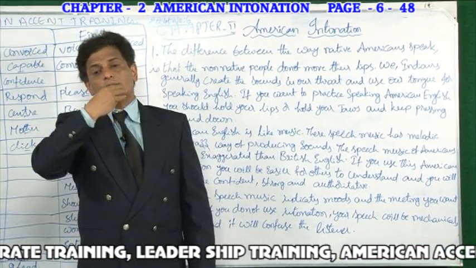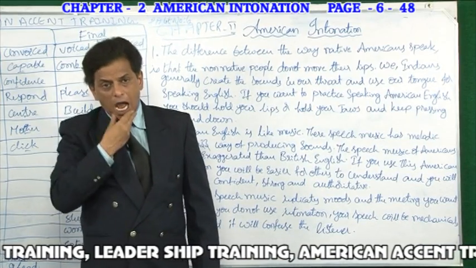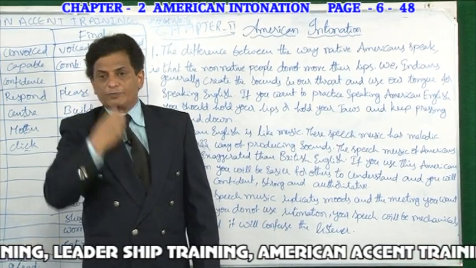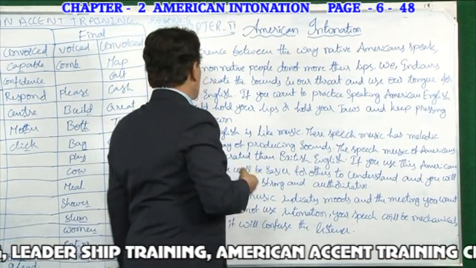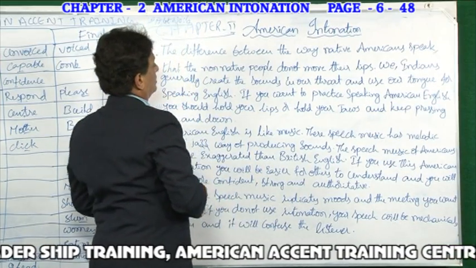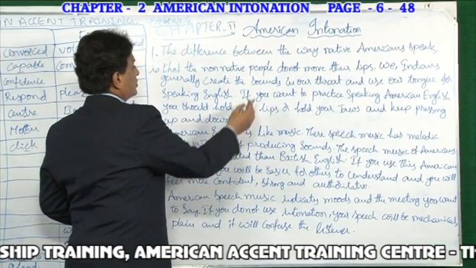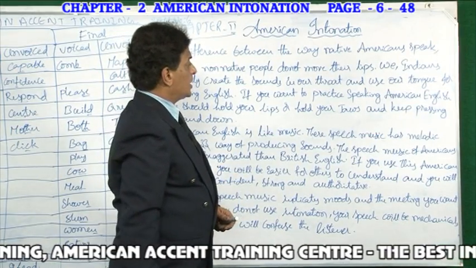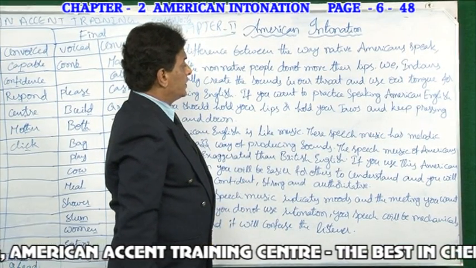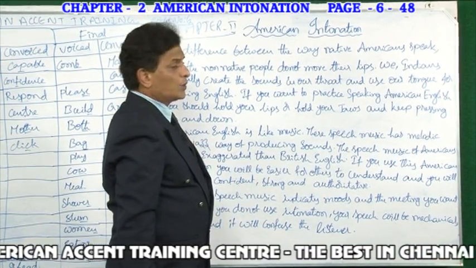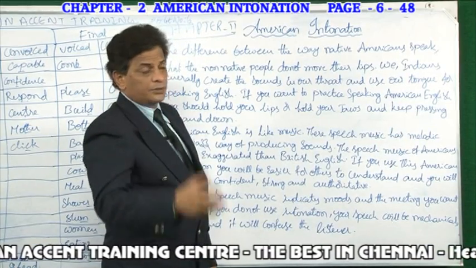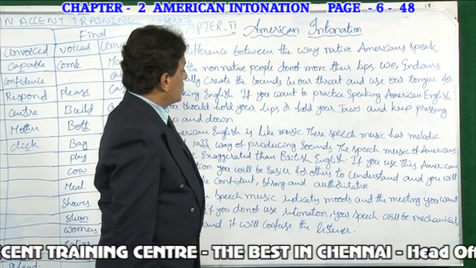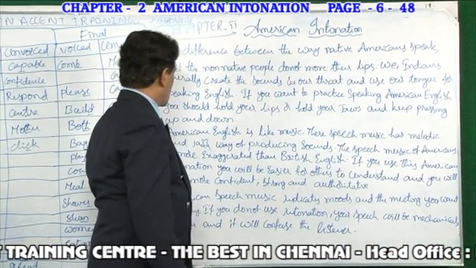So you have to pull your jaws. We don't use our jaws. Americans use their lips and their jaws, but we Indians just produce our sounds through the throat and the tongue, and we don't use our jaws.